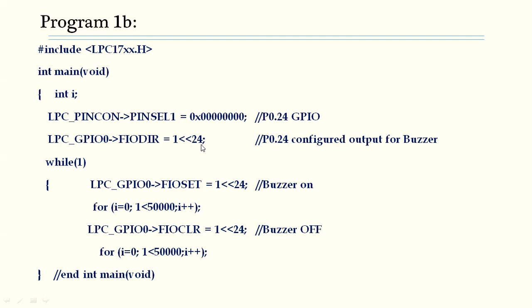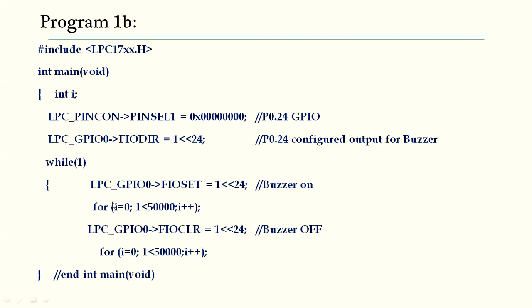Now look here, we have used a different way of configuring the bit using the left shift operator. Next, enter into the main program. The GPIO0 is being used, wherein the FIOSET, that is fast input output set, bit is set equal to 1. Again, the P0.24 bit is set equal to 1, which makes the buzzer on.